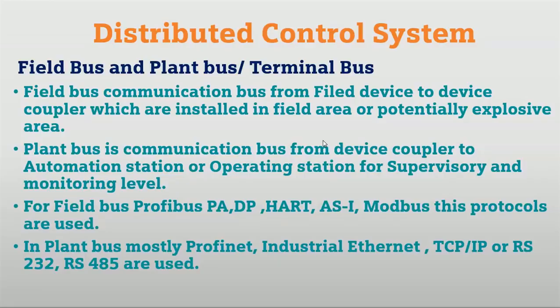In field bus mostly Profibus PA, DP protocols are used, which can be placed in a potential explosive area. In the plant bus, high speed communication cable like Profinet or Industrial Ethernet, TCP/IP protocols are used. So based on application and environment zone we select these communication protocols.